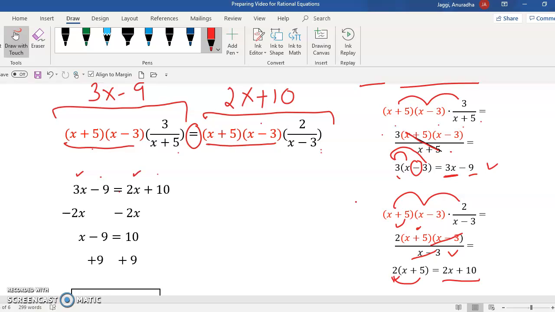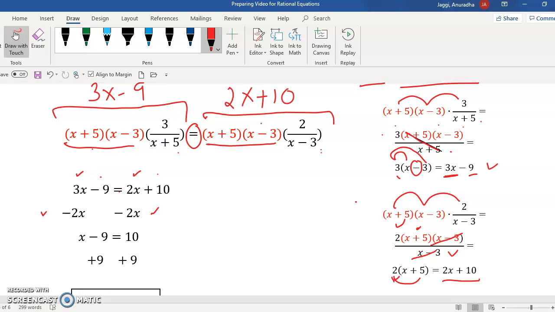And as you recall, how do we solve such an equation? We need to bring the variables to one side. How do we do that? You can, for example, try to eliminate the 2x from the right hand side. So use the inverse operation. It's a positive 2x. You will subtract the 2x from both sides. Whatever you do to one side of the equation, you do to the other side as well.